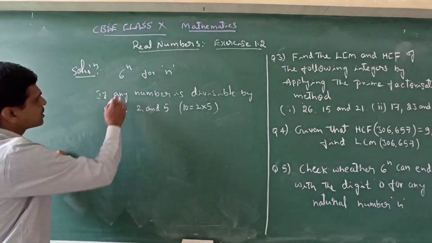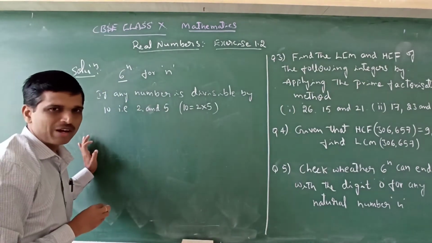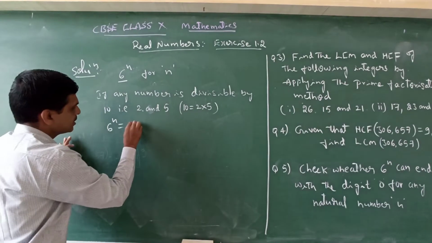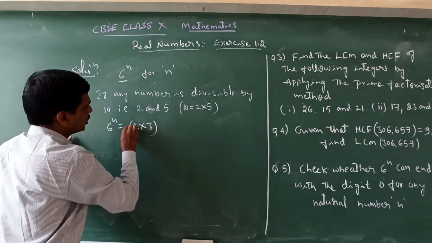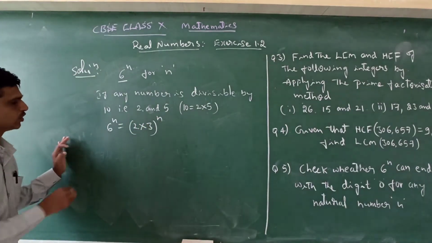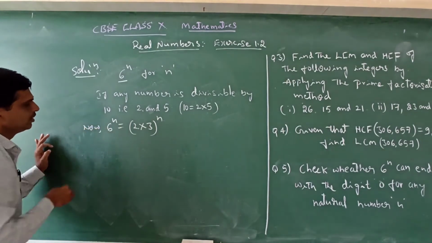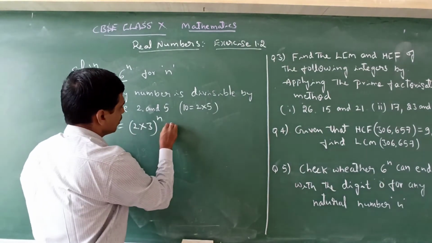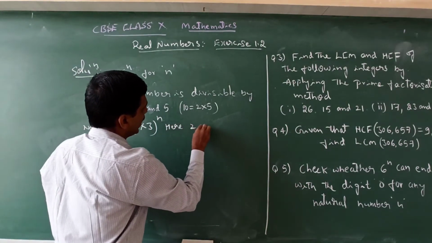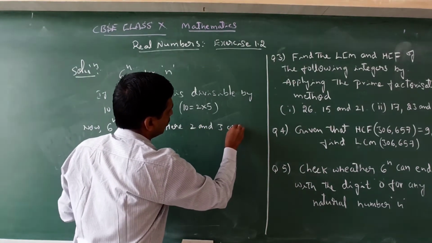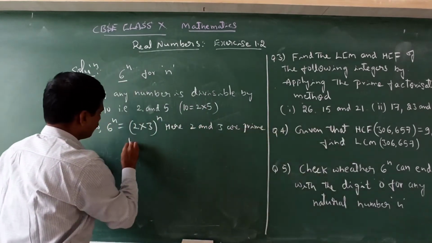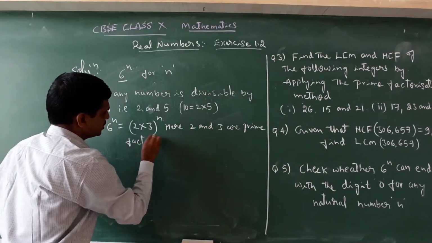Now express this number in the form of factors. 6 to the power of n can be expressed as (2 into 3) to the power of n. The factors 2 and 3 are prime factors.